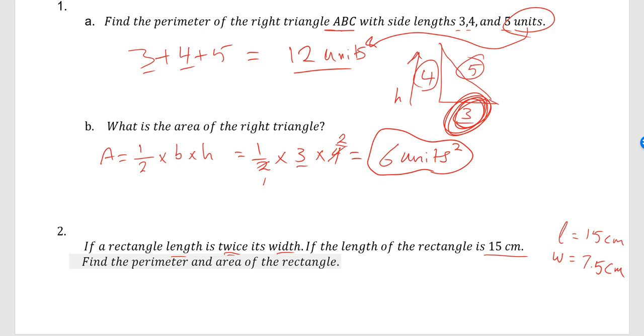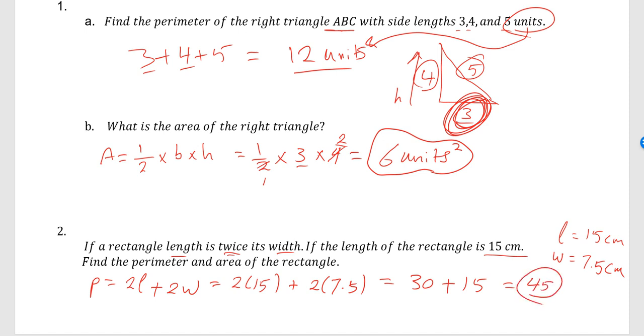To find the perimeter, the perimeter is simply 2 times length plus 2 times width. So 2 times 15 plus 2 times 7.5, which is 30 plus 15, which is 45. In this case, it's 45 centimeters.